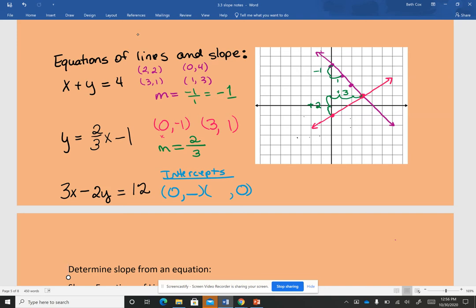So if x is 0, we're going to get, stop the video, calculate it if you want to, -6. And if I plug in 0 for y, do it on your scratch paper, I'm going to get 4. So (0, -6) is here, I think. 1, 2, 3, 4, 5. Yep. And then (4, 0) is over here. So I have this line.